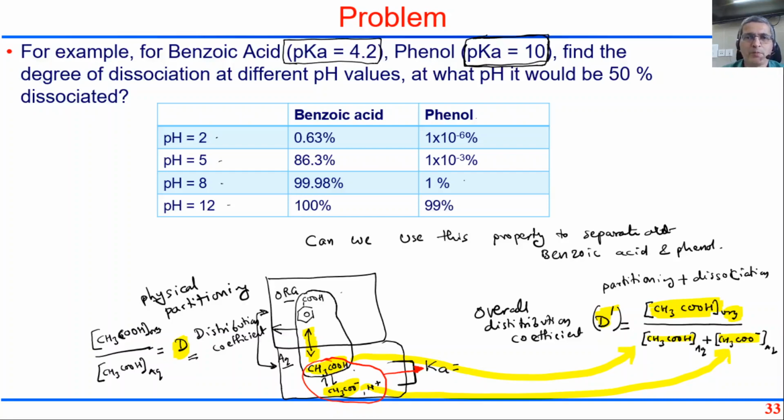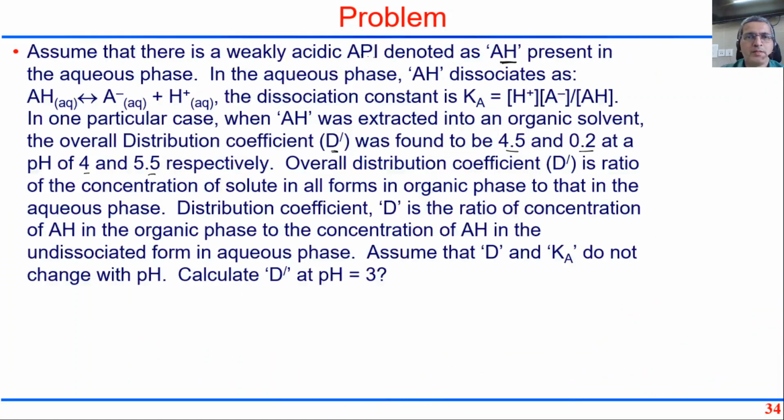So now in the next problem, what we are told is that the overall distribution coefficient D prime is 4.5 at a pH of 4 and 0.2 at a pH of 5.5. This is just the definition again, the meaning of the overall distribution coefficient.